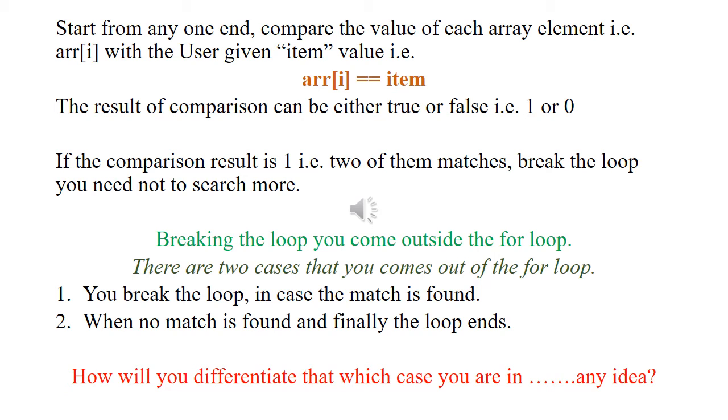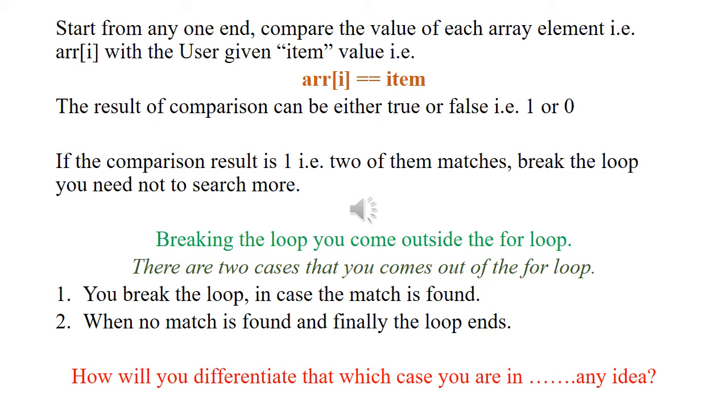Once you find the match, you need not search anymore. So we compare ARR 0 with the item, then ARR 1 with the item, and so on, we move to the right hand side of the array, from ARR 0 to ARR 9. Anywhere in between, if we find the match, we break the loop.